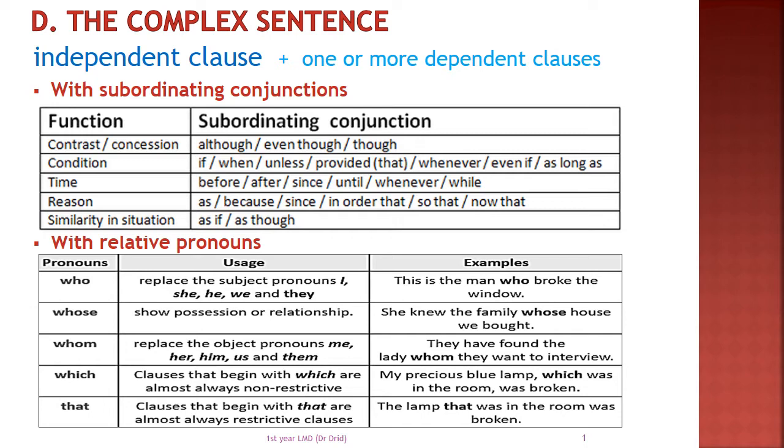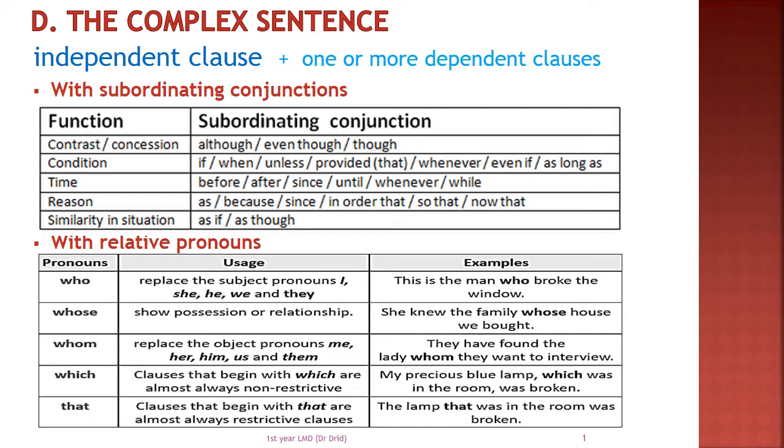They are grouped together here into categories because they express different meanings. For example, the first category expresses concession. It is the meaning of but. In the second line, the subordinating conjunctions express condition.